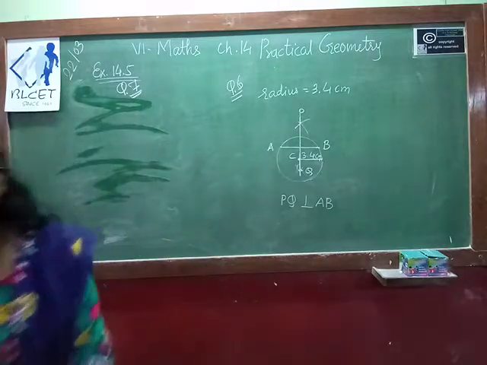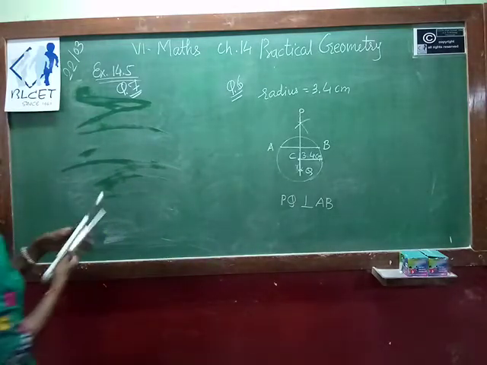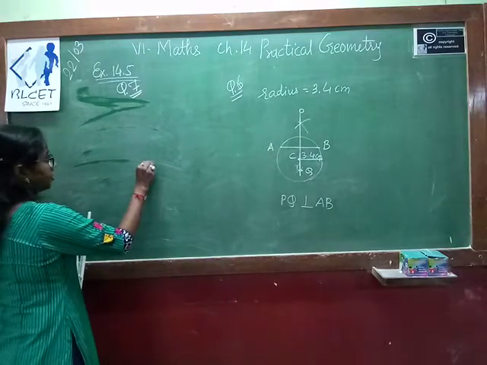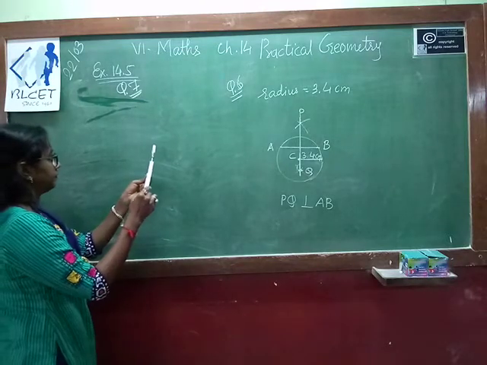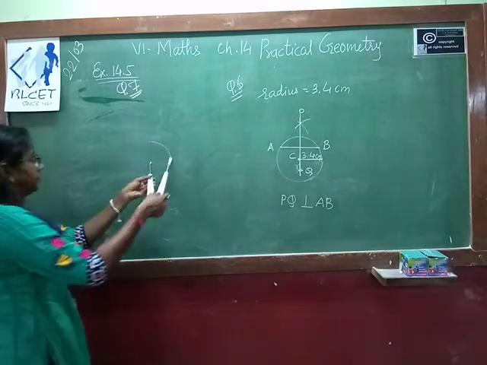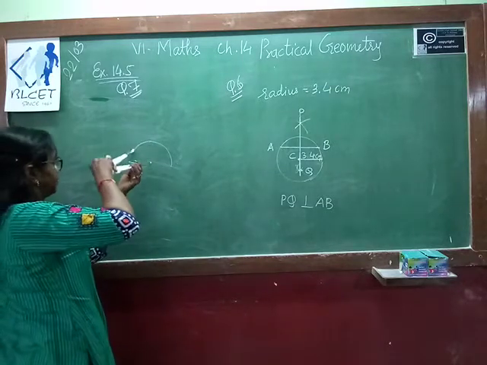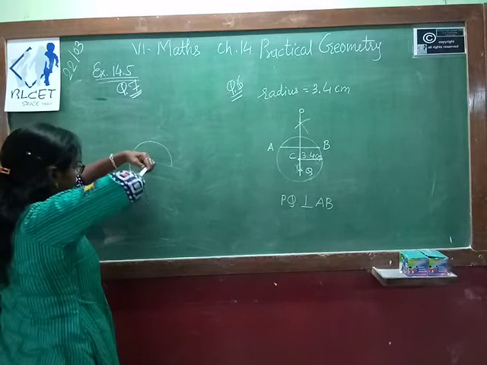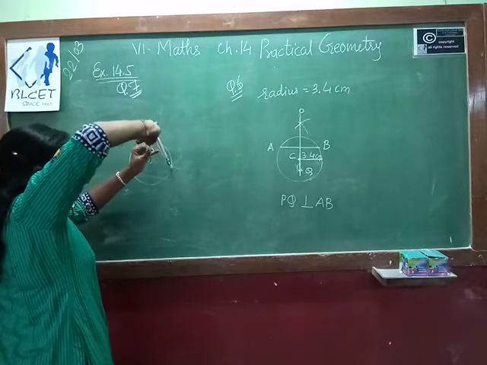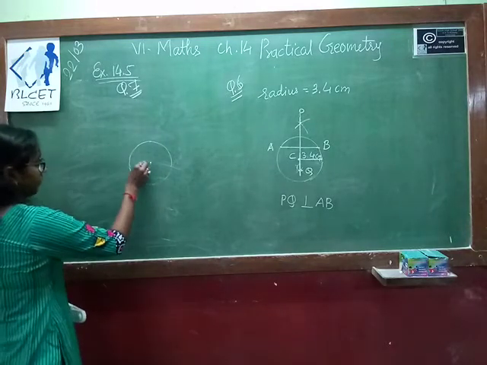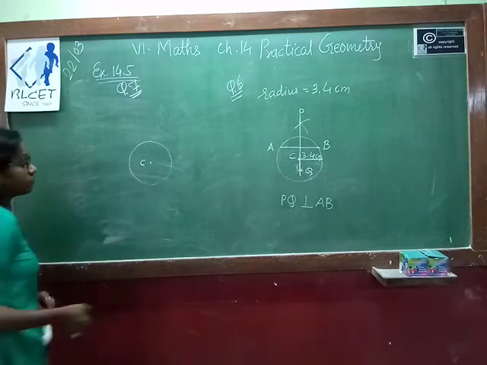Okay, this is 3.4. We draw the circle. First draw the point. This is the point C.